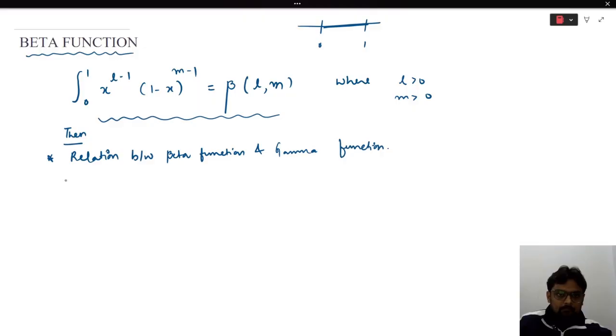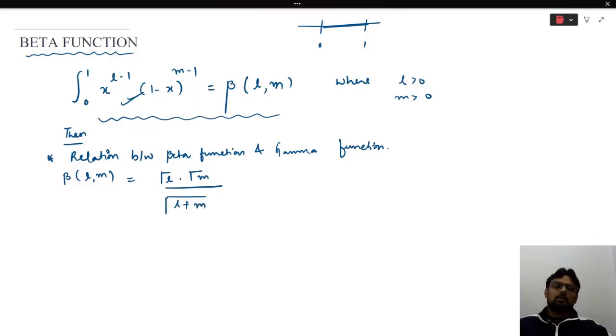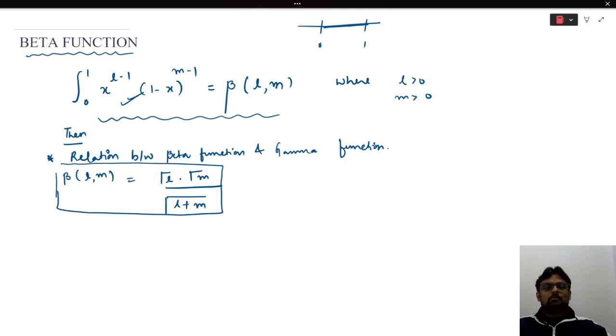So the beta function of l comma m, which is defined as this, is nothing but gamma l into gamma m upon gamma l plus m. Okay, so this can be the formula to relate the beta and the gamma function.